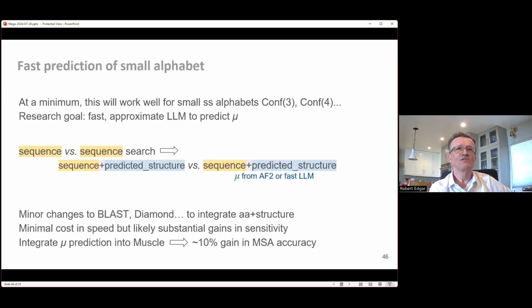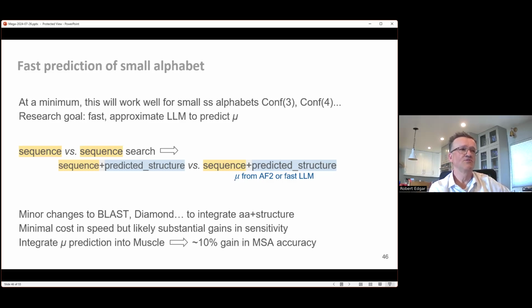So at a minimum, this sort of approach is going to work very well for local secondary structure. But if we're successful, we might be able to get a fast approximate large language model or something like that, which can predict all of mu and therefore incorporate some secondary structure. And this means that anything that currently looks like sequence-sequence alignment can be upgraded to sequence plus predicted structure, where we're using mu or something like that to represent structure.